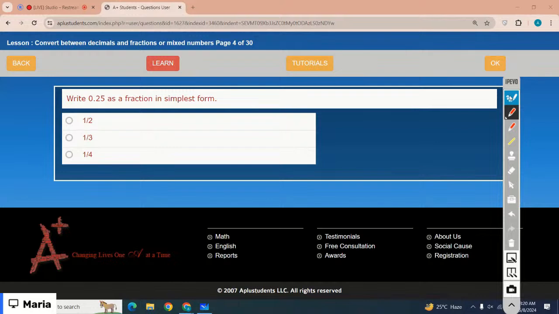And then convert it into simplest form. 0.25, that is 25 by 100. You have to add 1 for the decimal point, and right after the decimal point you have two digits. So you have to now convert it into simplest form by dividing by the greatest common factor. 25 by 25 is 1, and that is 1 over 4. The correct option is 1 over 4.